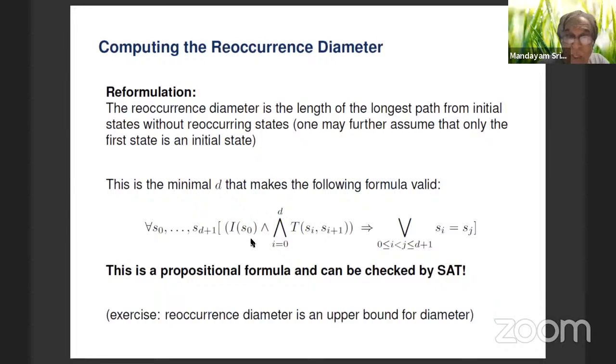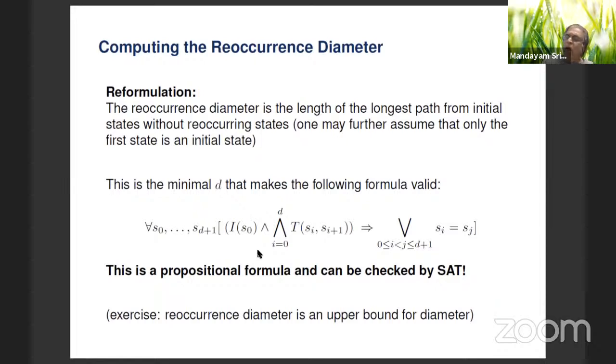So you have to do it in a loop, where each iteration involves a SAT check, checking if this is valid, which is checking if the negation of this is unsat. It is still hard, but it is not as bad as the earlier one.